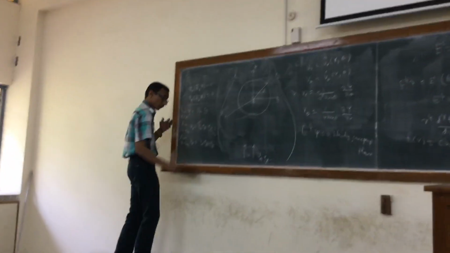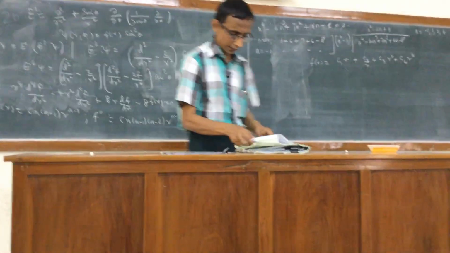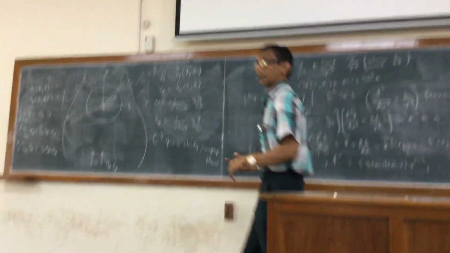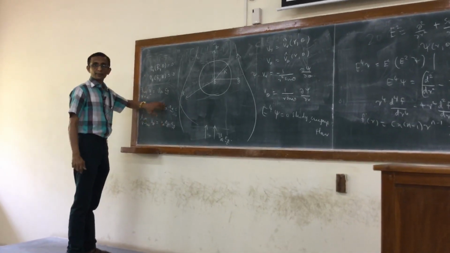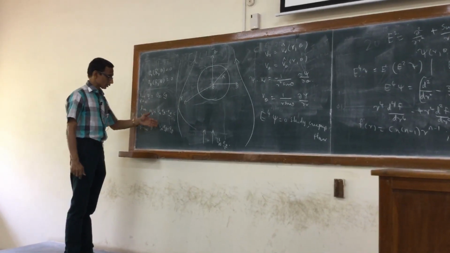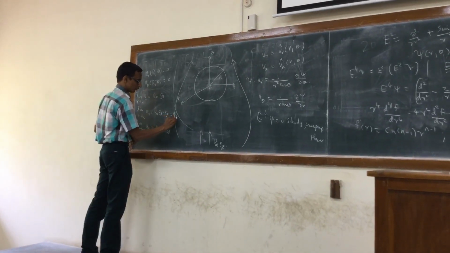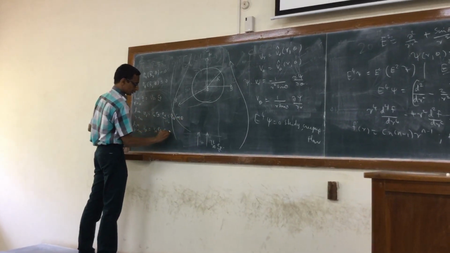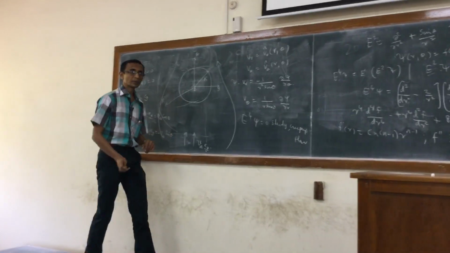So I think this would probably be V infinity times cos theta. You have to go back and look at the expressions for Er and E theta in terms of Ez. Okay, so this would be V infinity cos theta. This turns out to be minus V infinity sin theta.